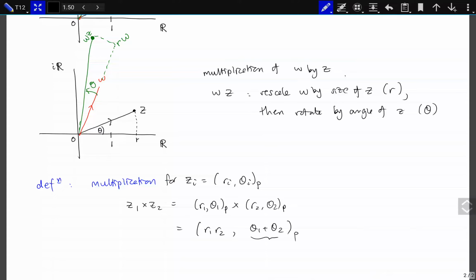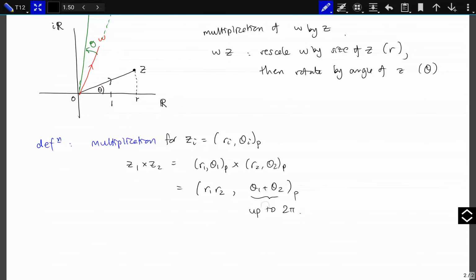And this is up to 2 pi. And so you can see, because regular addition and regular multiplication commute, that theta1 plus theta2 is theta2 plus theta1, and r1 times r2 is r2 times r1, we see that this is immediately z2 times z1 as well, as we showed in the picture.